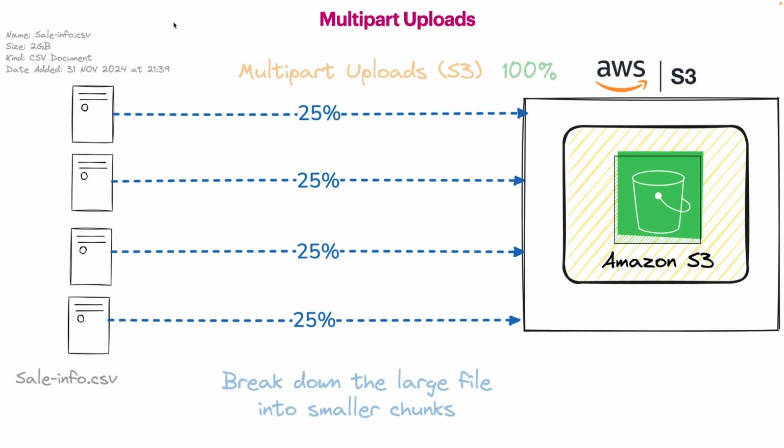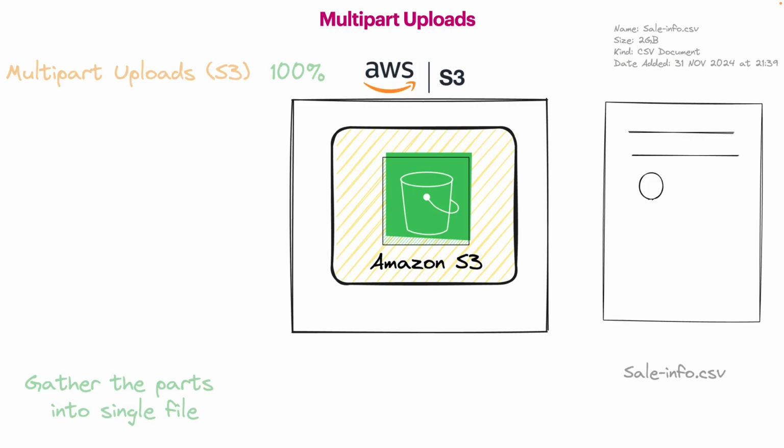In the end, let's suppose that all the parts, all the chunks, are already in the bucket. What AWS S3 will do, actually, not only AWS, but we are talking about AWS, is gather all the small parts into a single file. So in your bucket, you will have your large file. But instead of transferring the large file, we break it into smaller parts.